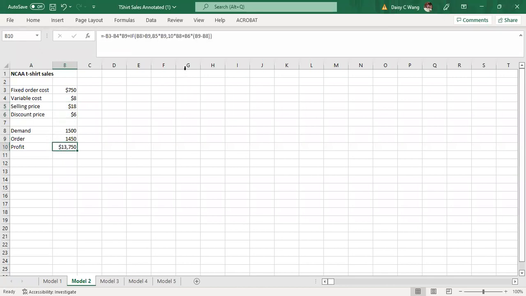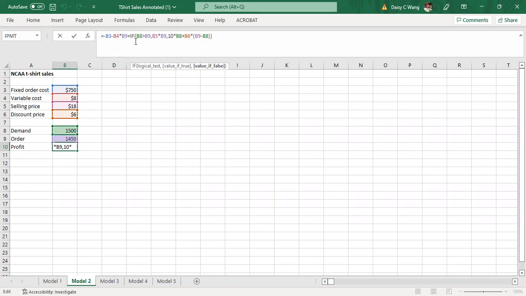You see here, these are all the information we have. And then here is similar to what we saw before. You still have to look at this. The profit is the negative fixed cost minus the variable cost, B4, times whatever amount you order, plus the revenue.